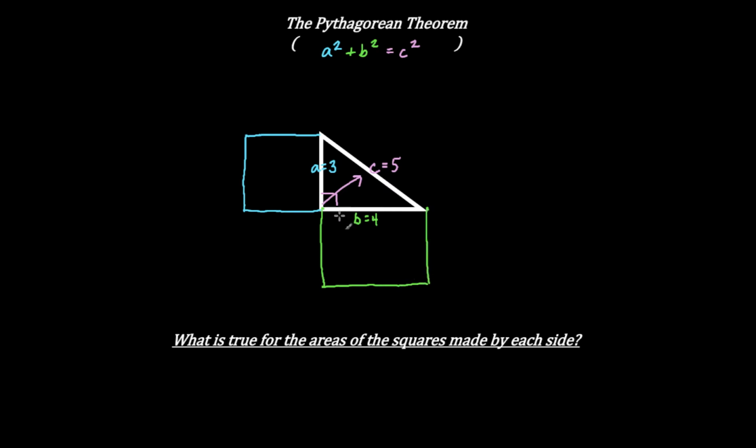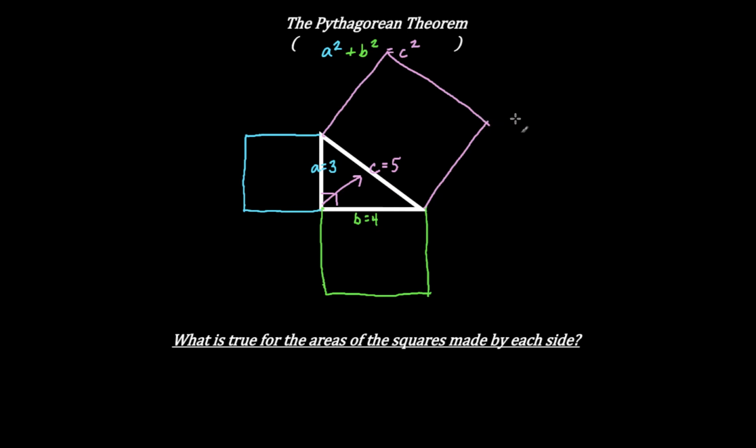Side here, it makes a square. It looks kind of rectangular. Maybe I could do a little better. I'm going to do my best to make a square with this side length right here. So maybe like that. I almost did it.